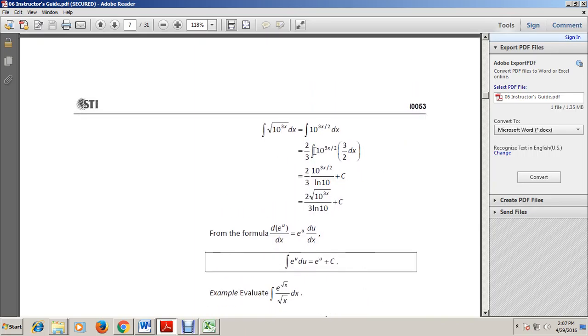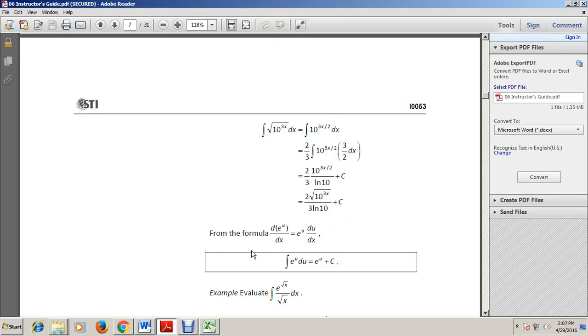The integral of 10 raised to u is 10 raised to u over ln of 10. So 2/3 times the integral of 10 raised to u du is 10 raised to u over ln of 10, then plus c.